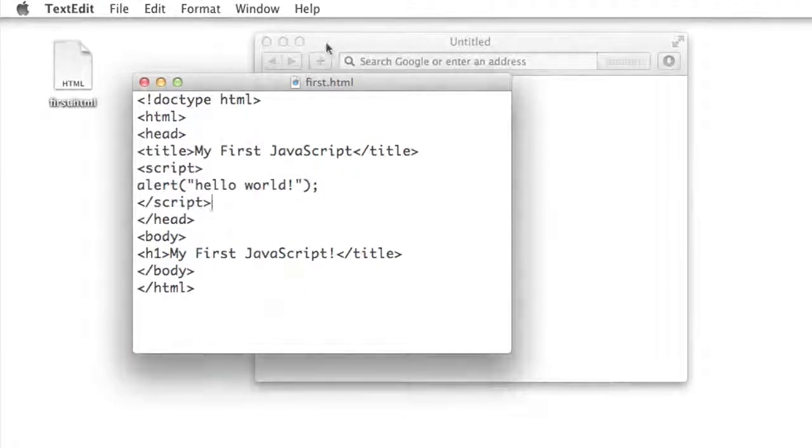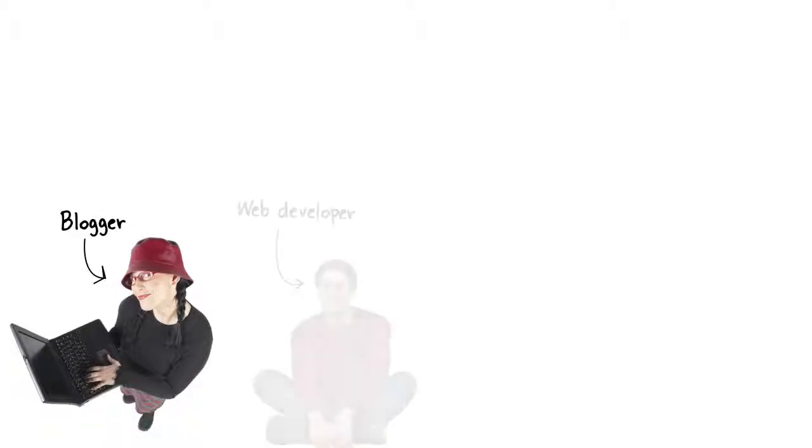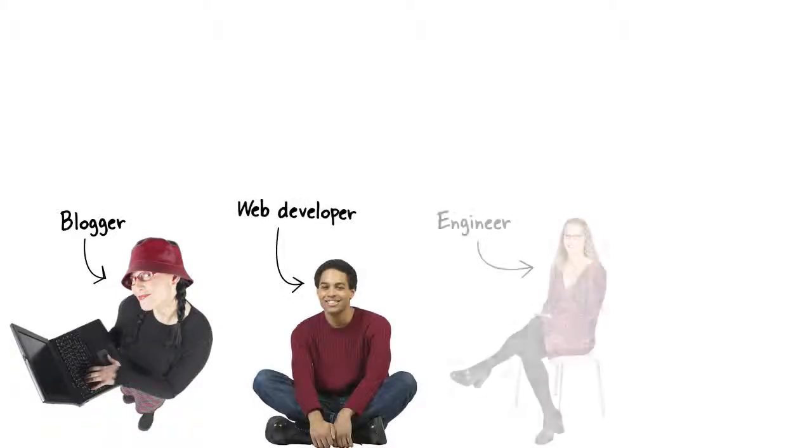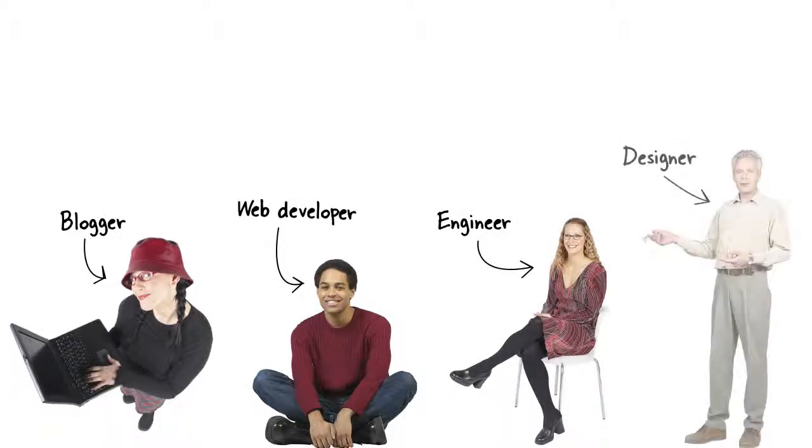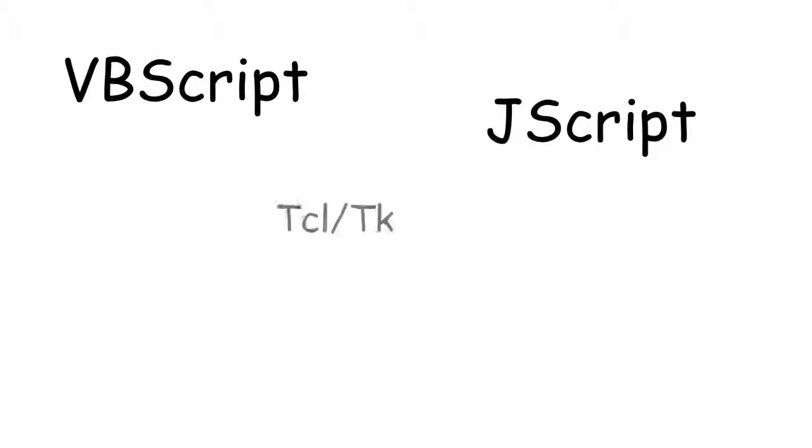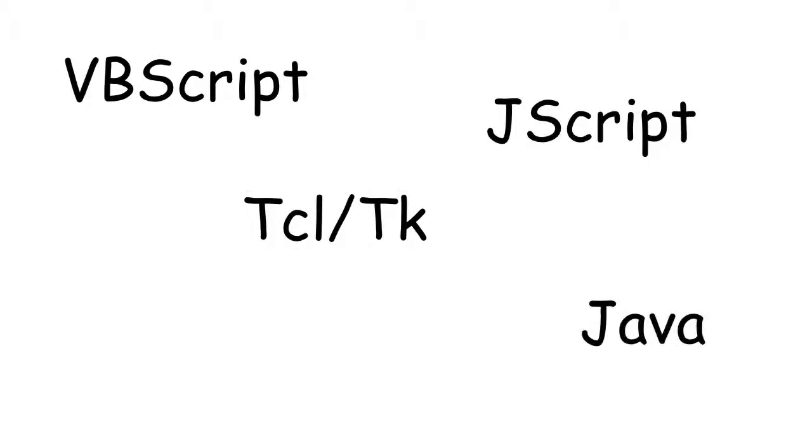With JavaScript, people with many different backgrounds have been able to write code in their web pages to add behavior. And in fact, JavaScript has fought off a long list of formidable competitors to gain the title of the official programming language of the web, including languages like VBScript, JScript, TickleTK, Java, and Flash.